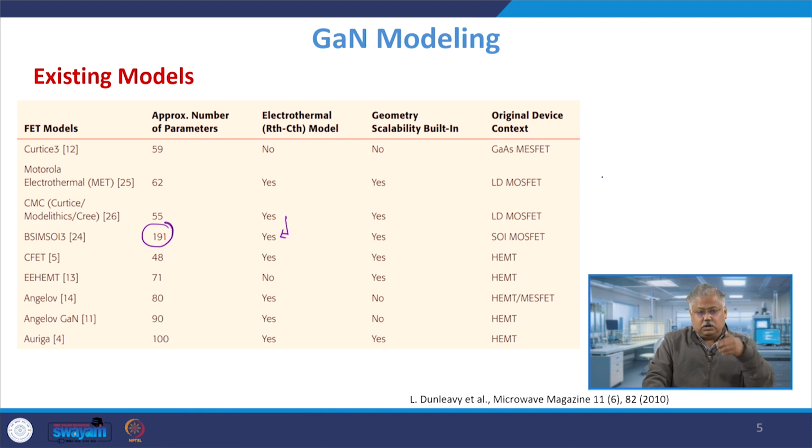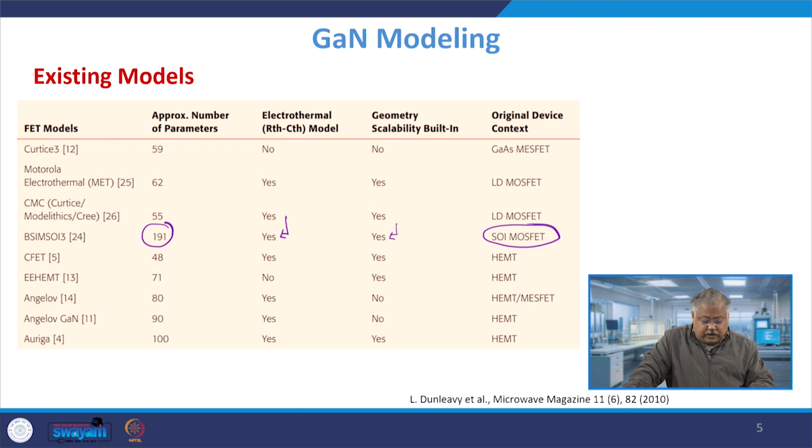Electrothermal means both the electrical characteristics as well as thermal characteristics are taken care of, because they are operating at such a high voltage and current that the thermal characteristics also need to be extracted and evaluated. And then scalability is already inbuilt within the BSIM SOI model, and typically the original device it was using was the SOI MOSFET. SOI is silicon on insulator MOSFET, which was used to a larger extent.